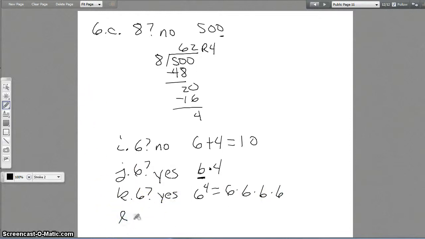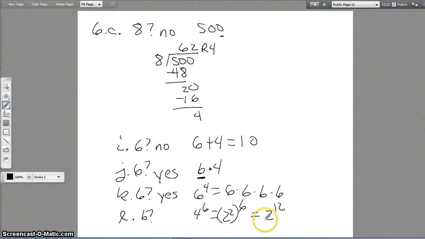And then the last one we're going to look at is part L. Is 6 a factor of 4 to the 6th? Well, 4 to the 6th is the same as 2 squared to the 6th because 4 is just 2 squared, which we can rewrite as 2 to the 12th. Well, there's no 6 anywhere in here.